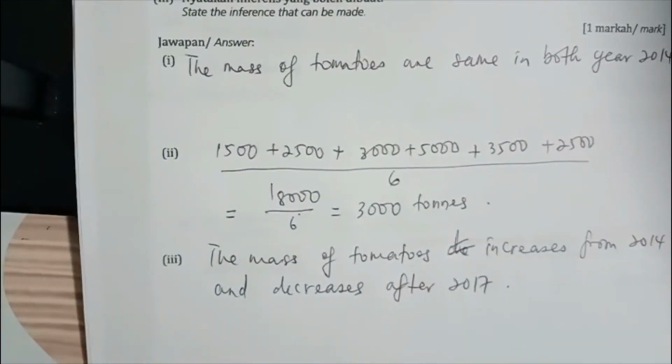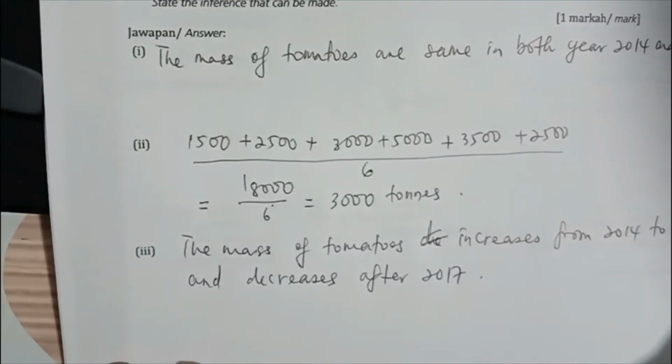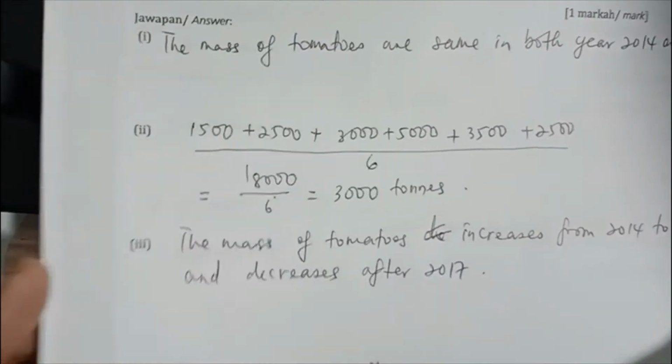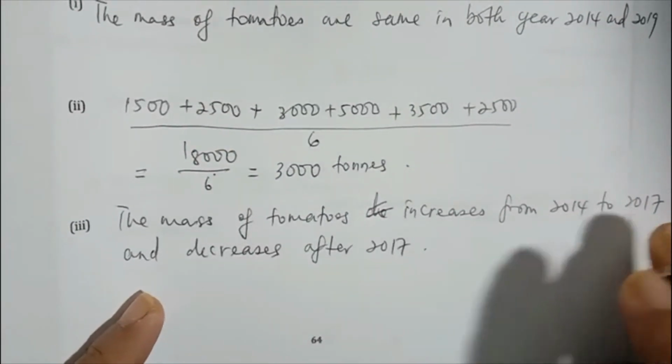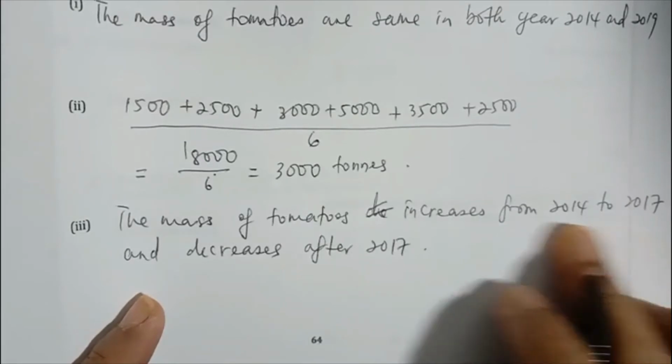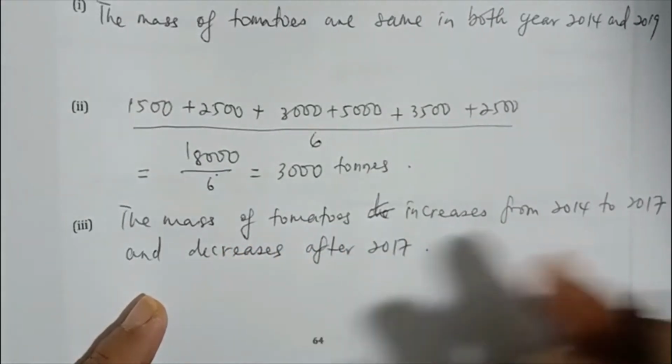Okay, so itu ialah inference, means you describe graph tu balik ya, describe graph tu semula. Okay, ini kalau tak nampak ini ya. Okay, the mass of tomatoes increase from 2014 to 2017 and decreases after 2017.